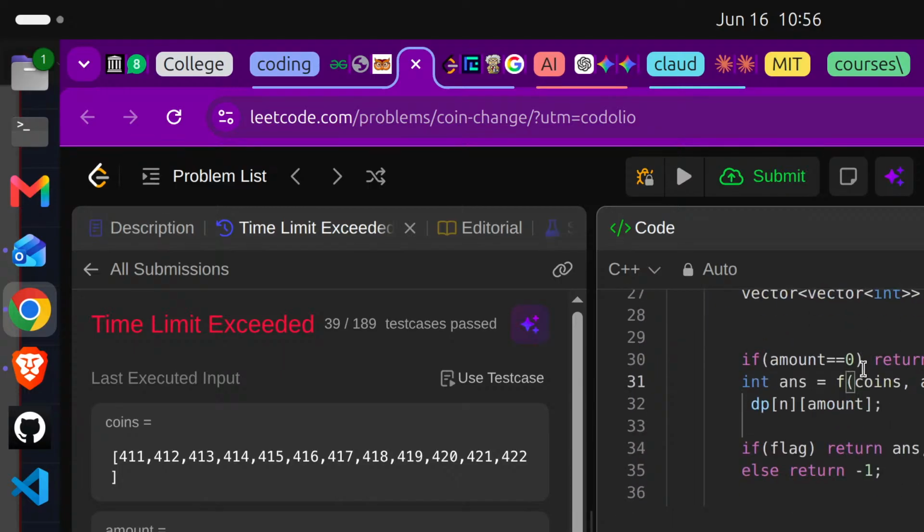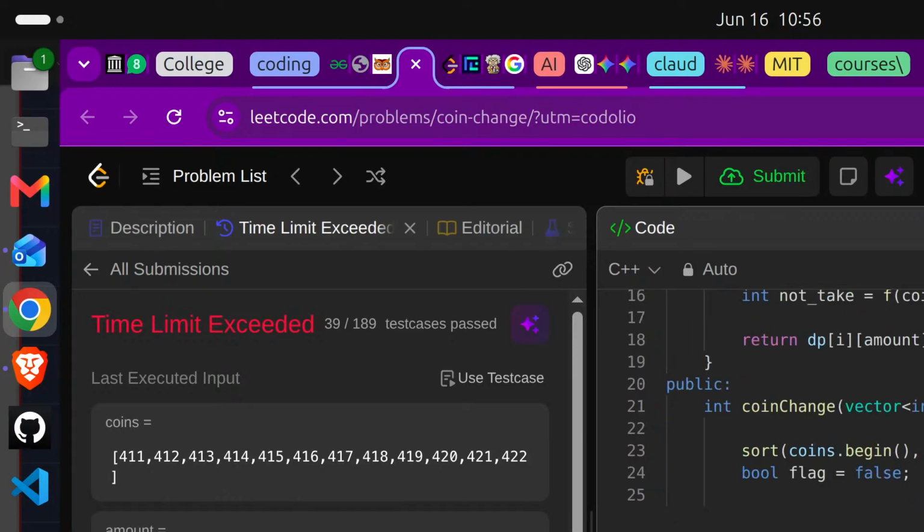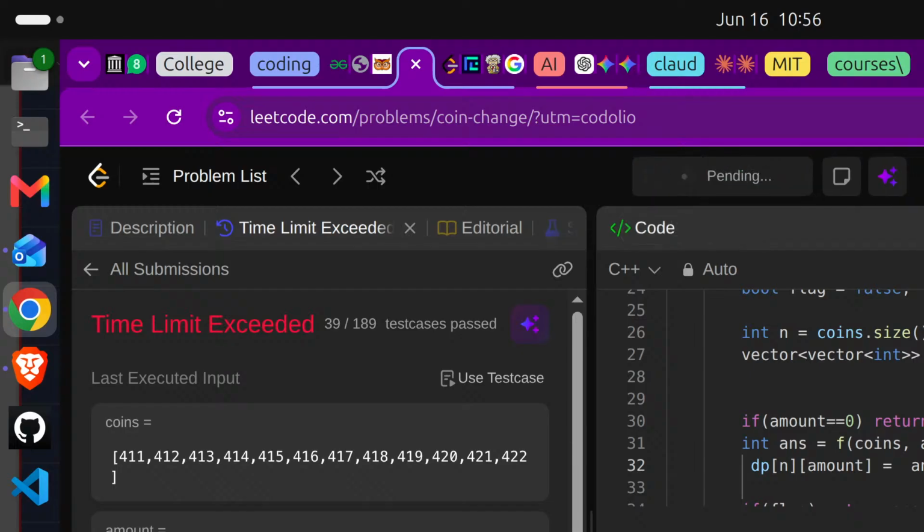Then N minus 1 is index, and then I think flag, then we have dp. Answer like this. And okay, let's check now.